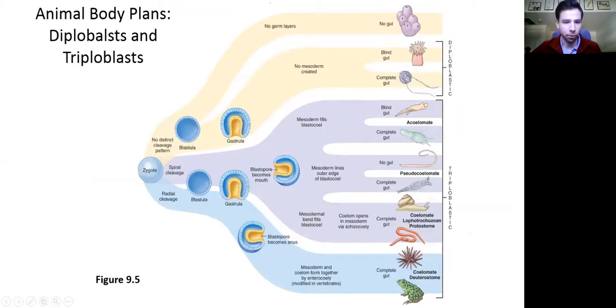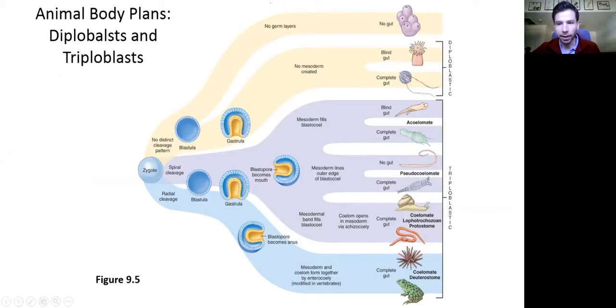We've seen this before also. Again, this is kind of a similar way of saying what I just said, right? All animals start as zygotes, fertilized eggs, go through some form of cleavage to become a blastula. And phylum Porifera here develops right out of the blastula. They don't develop any additional germ layers.